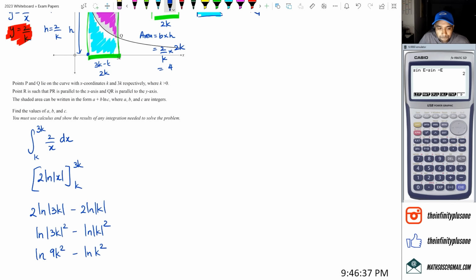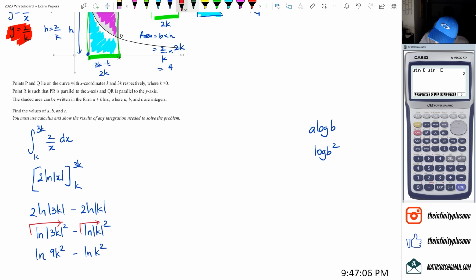I know I kind of jumped the gun there, but remember that log rule that you guys did in year 12? When you have something like 2 log b, you could have written it as log b squared. That's what's happening here, and that's why I moved that 2 from the front to the top as a power. And then of course 3k squared is 3 squared is 9, k squared is just k squared, and so on.